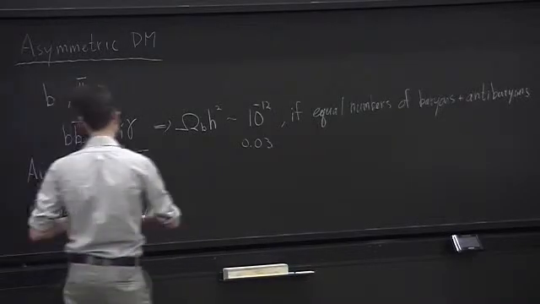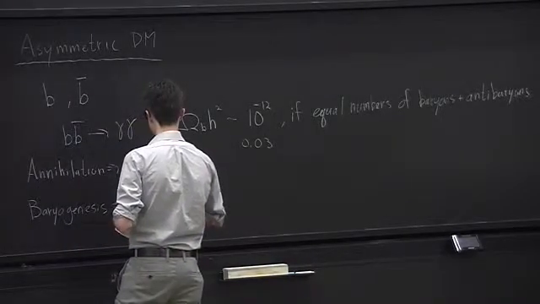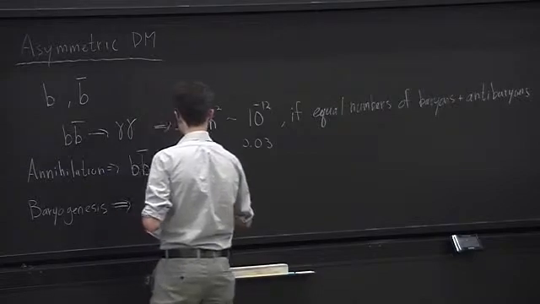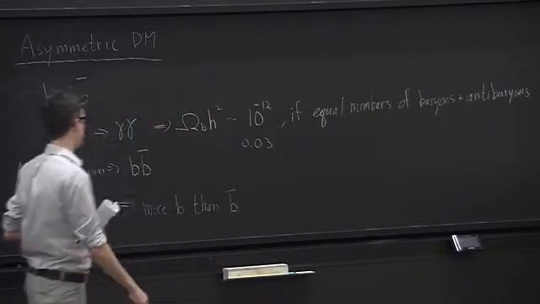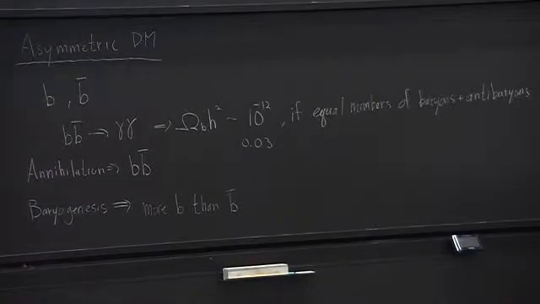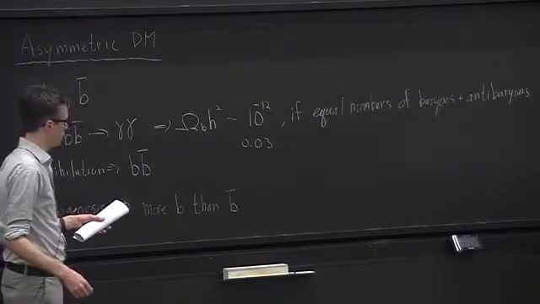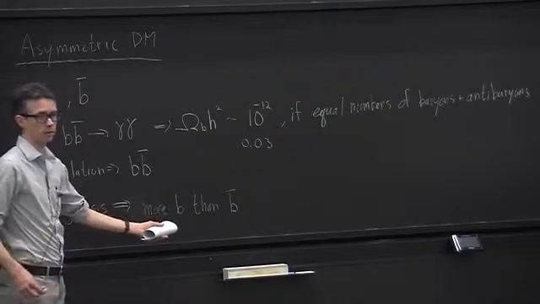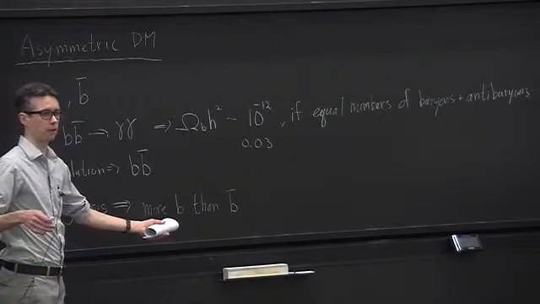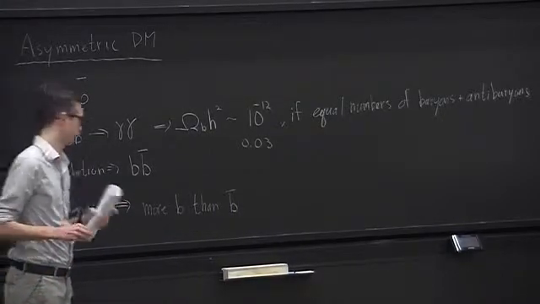So baryogenesis just means some process that creates more B than anti-B. And what happens in this case, if I have more baryons than antibaryons, all the antibaryons in the plasma will annihilate with the baryons. But once I run out of antibaryons, I can't have any more annihilations.